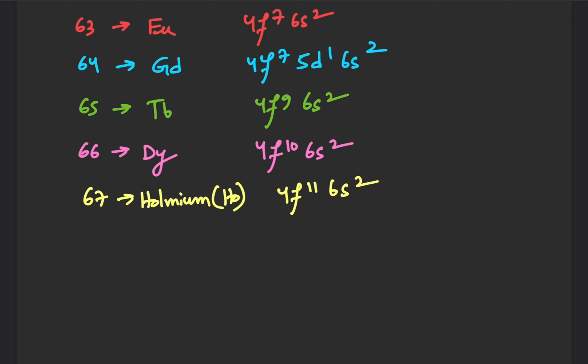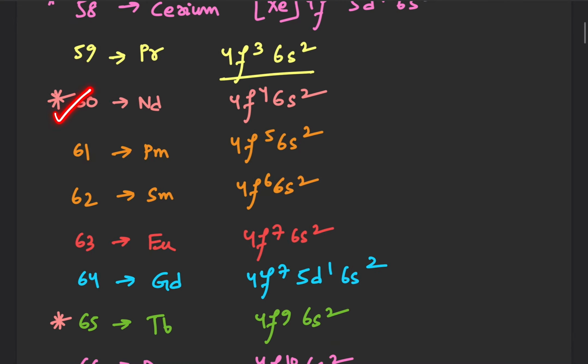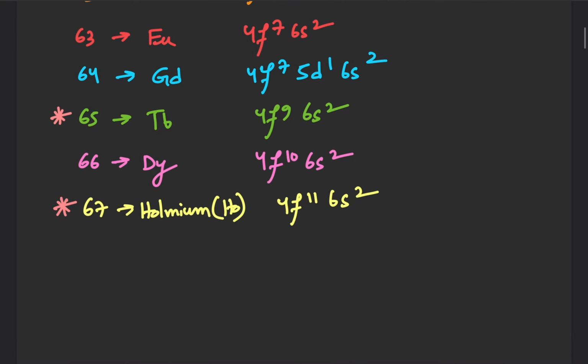Okay, I'll put a star mark here in terbium and also in holmium, because in the question they are asking us about the lanthanide ion having 4 unpaired electrons, and they have mentioned cerium plus 3 ion, neodymium plus 3 ion, terbium plus 3 ion, and also holmium plus 3 ion.